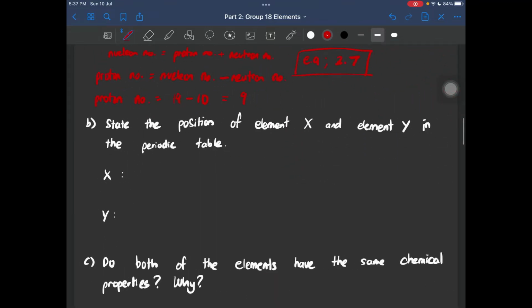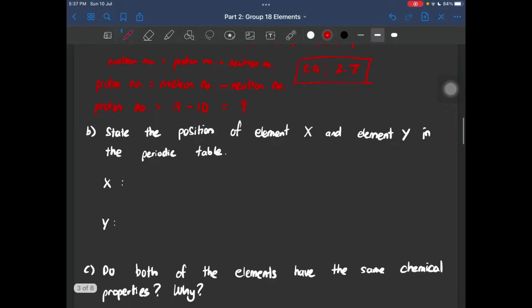Now, question B. Question B asks us to state the position of element X and element Y in the periodic table. Since we already have the electron arrangement for element X, let's state the position of element X before we do element Y. From the electron arrangement for element X, we know that it has 2 shells occupied by electrons, meaning it is in period 2, and we know that the valence electron is 7.